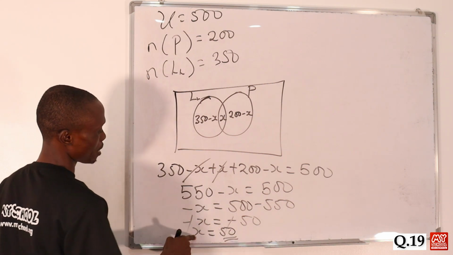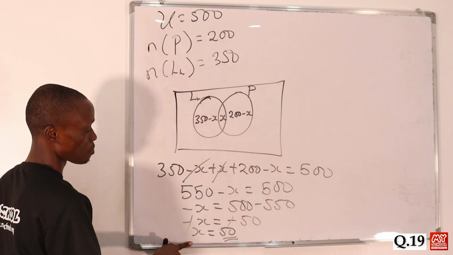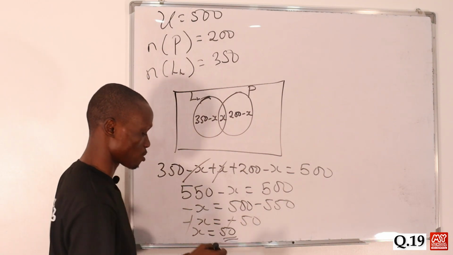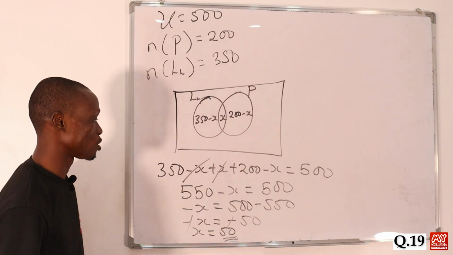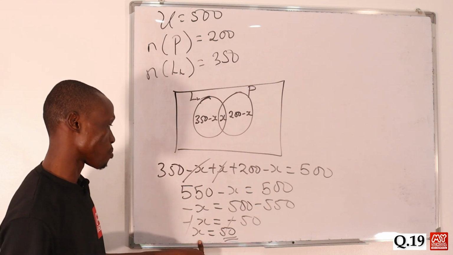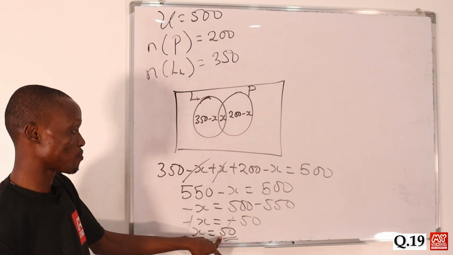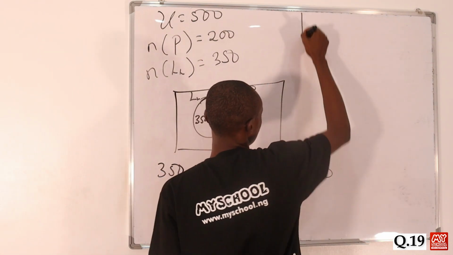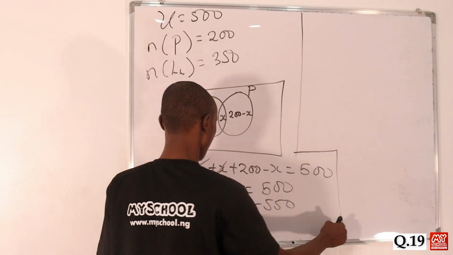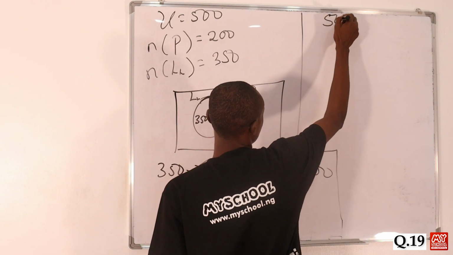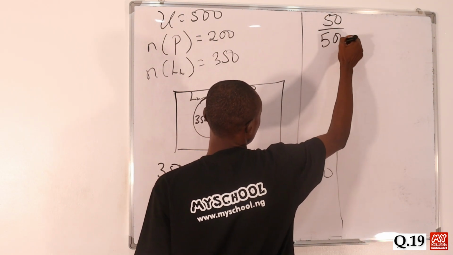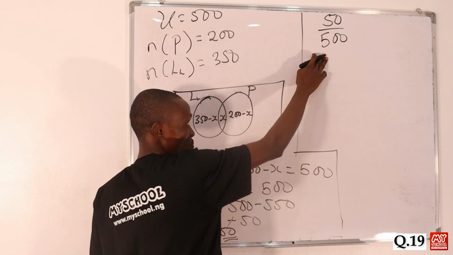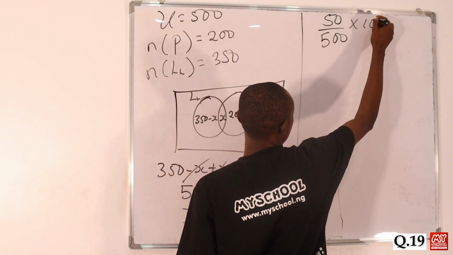Okay, remember that x represents the number of people who speak both languages, and we are asked to calculate the percentage of the population of the village that speaks both languages. So now we already know that 50 people speak both languages. Okay, so to calculate the percentage of people who speak both languages, that will be equals to 50 all over 500, which is the total number of people in the village, times 100.